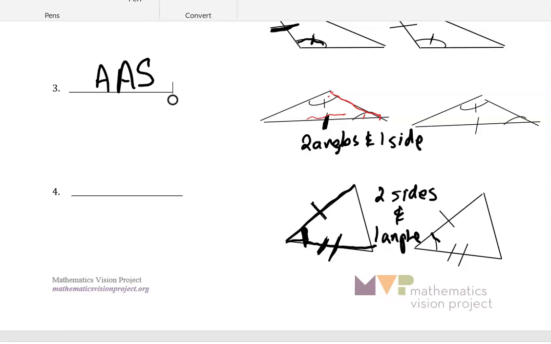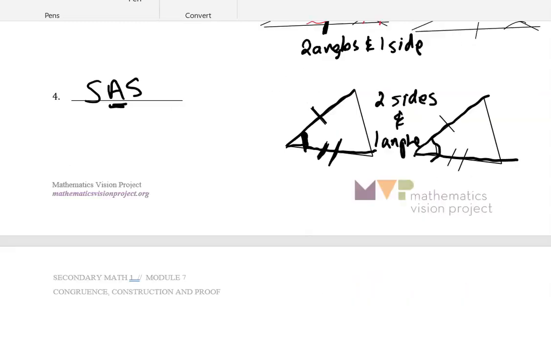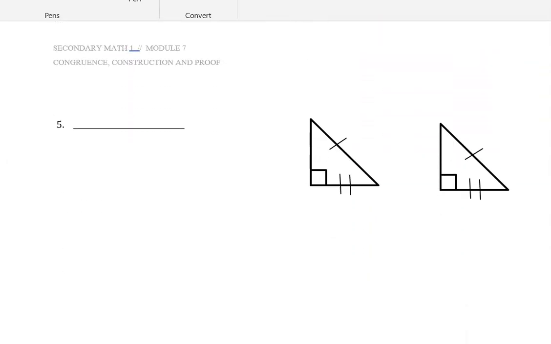And then the same thing over here. This angle is in between the 2 sides that we are shown to be congruent. So our angle lies in between the 2 sides. We would show that with our letters. The angle lies in between our 2 sides. Okay, that's number 4.